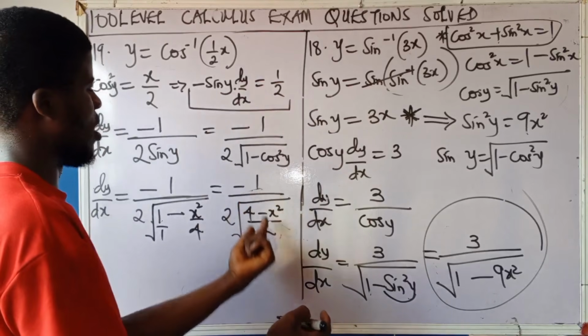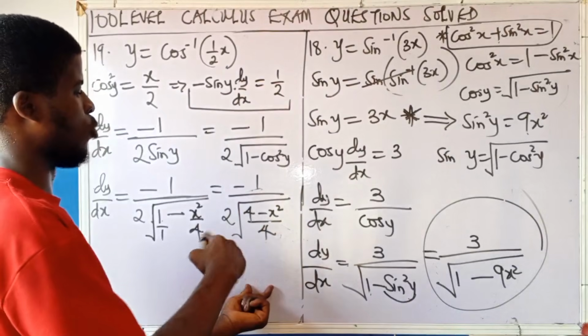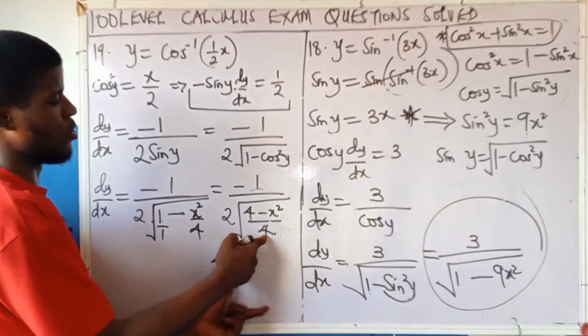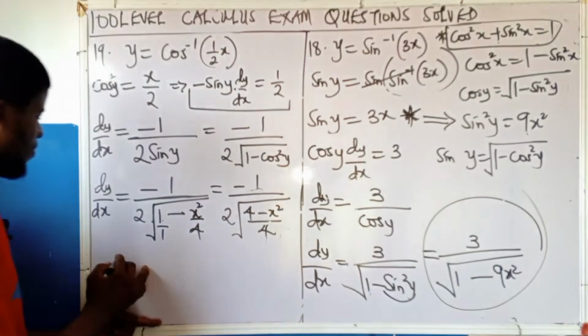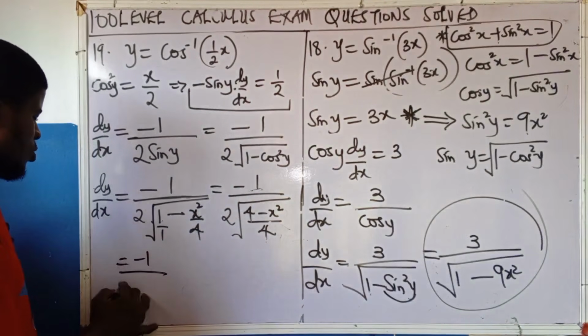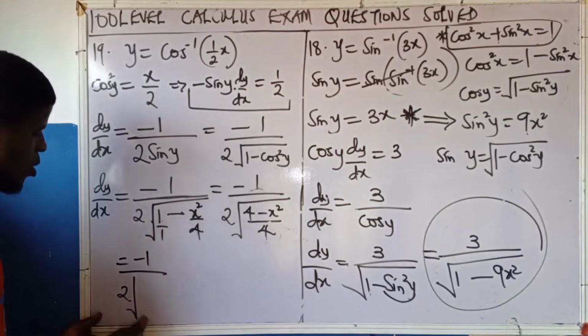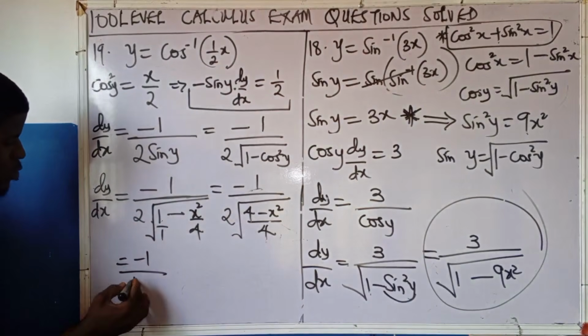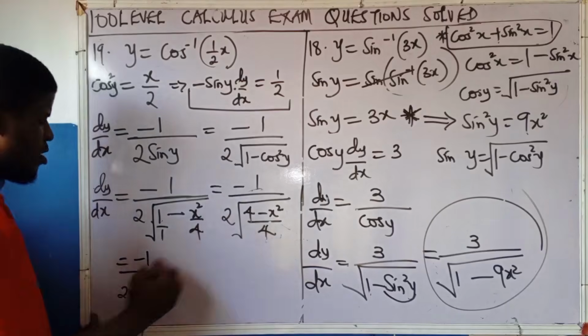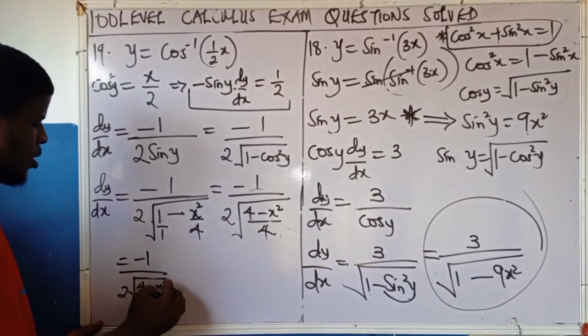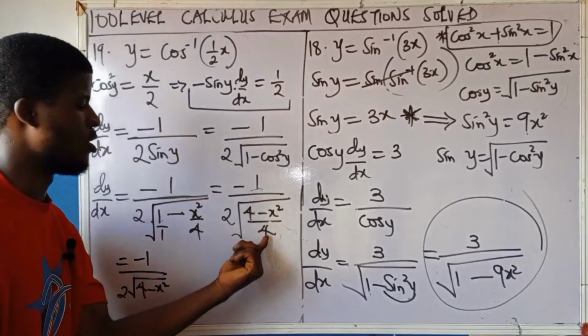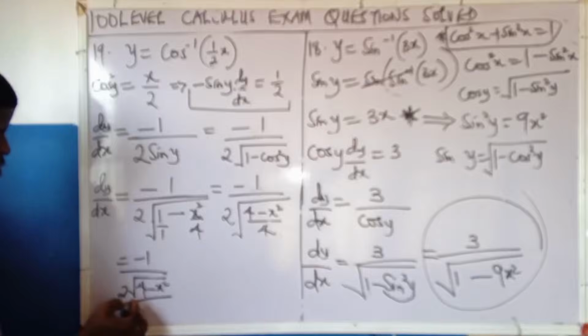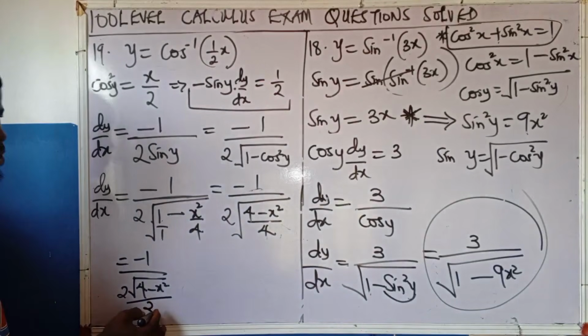Both the numerator and denominator are affected by the square root. But the square root of 4 is 2. So this is minus 1 over 2 into the square root of the numerator here, 4 minus x squared. Since the square root of 4 is 2, the 2 will come outside of that square root. I hope you get me.